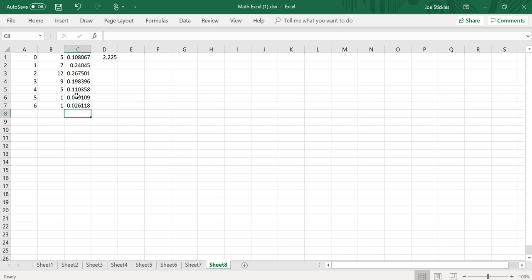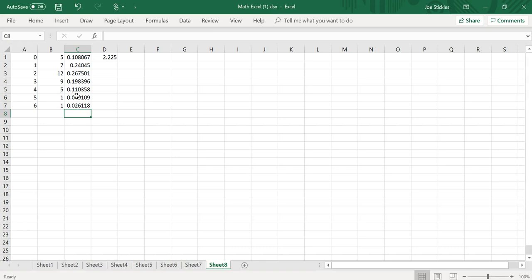Now everything should add up to 1. Again, the reason for that is that the Poisson distribution doesn't stop at 6, right? It's 6 or more.